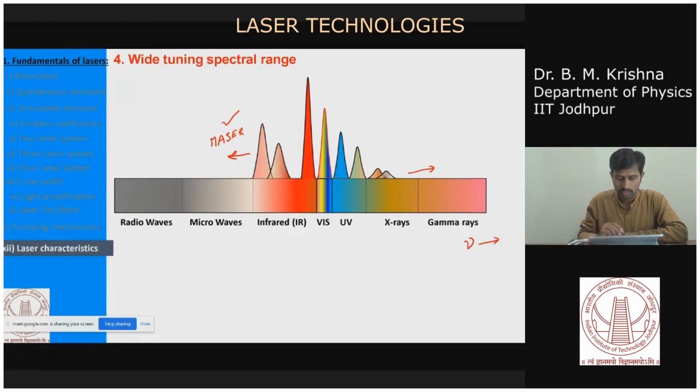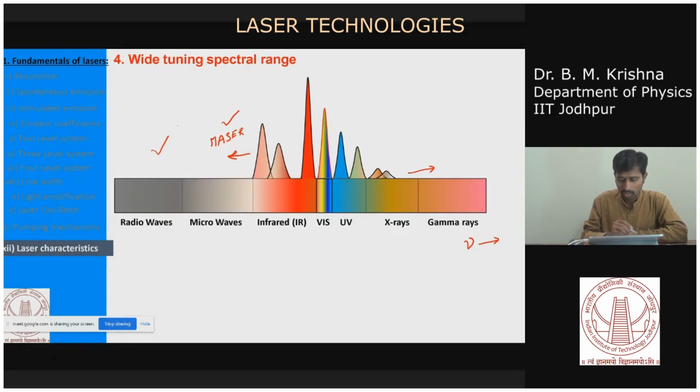Okay, afterwards the laser comes. Lasers came in 1960, but around 1958 the maser came. The maser works in the whole spectral coverage of the microwave region. Maser means microwave amplification by stimulated emission of radiation, and amplified stimulated emission of radiation for radio is also there.